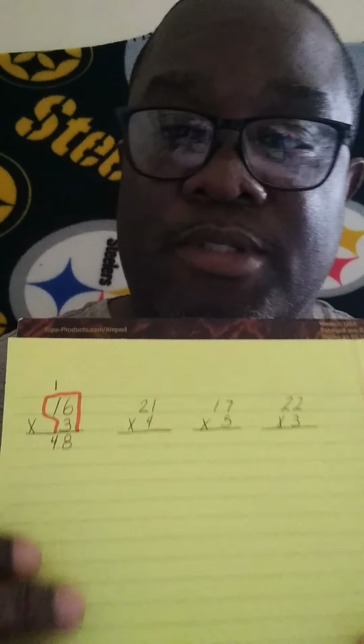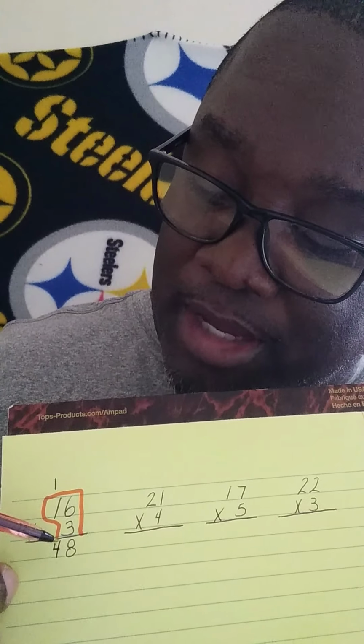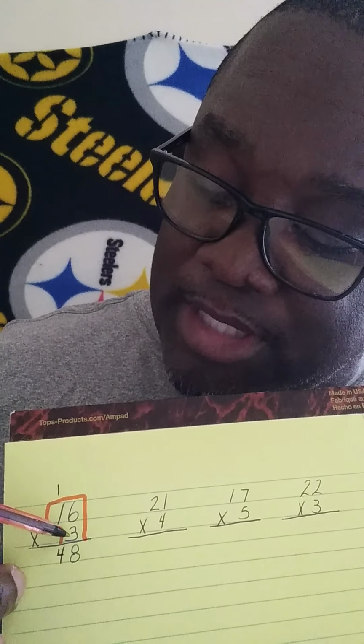So just to retrace the steps that we took, we said 3 times 6 equals 18. We wrote our 8 down. We carried the 1. We have to multiply the 3 times both numbers. So we're multiplying the 3 times the 1 next.